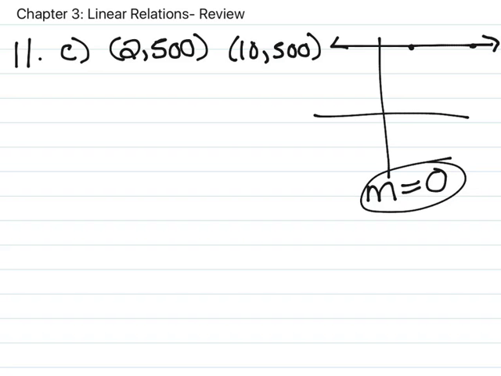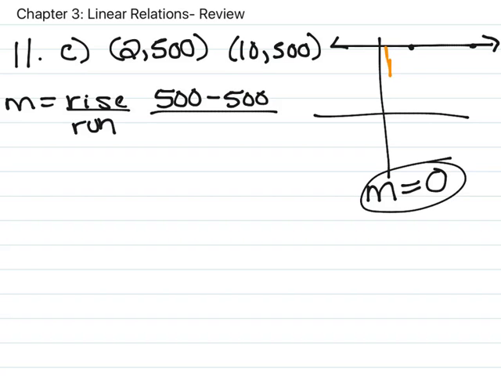So I can prove that by writing it out properly. We have slope is rise over run. So your rise, you've gone from 500 to 500.